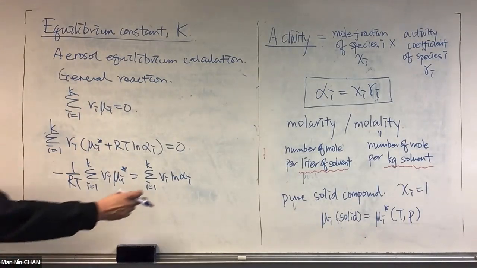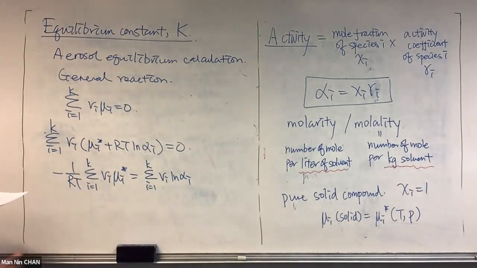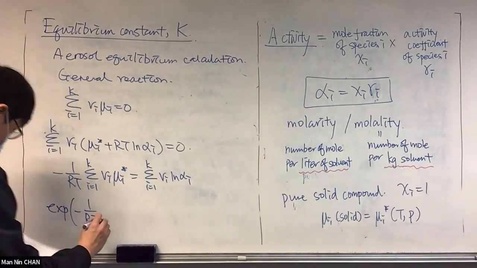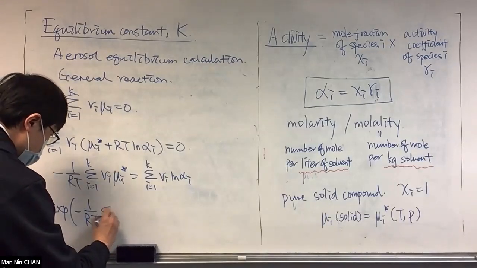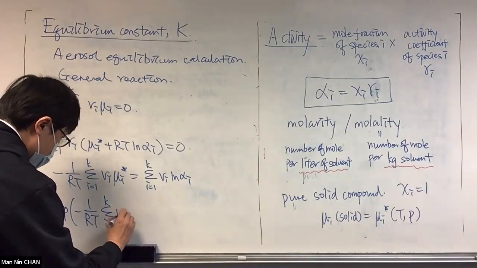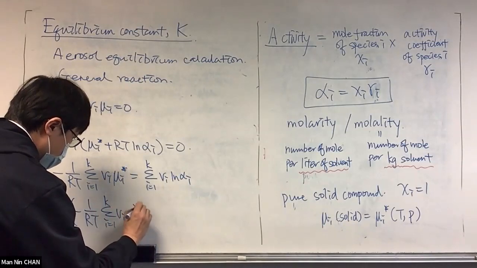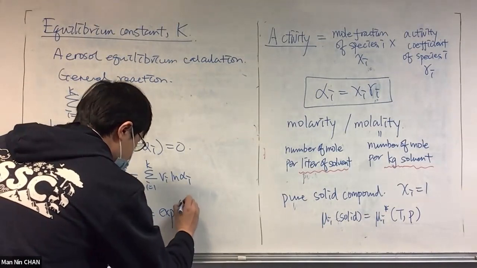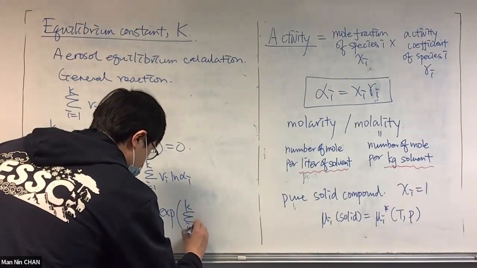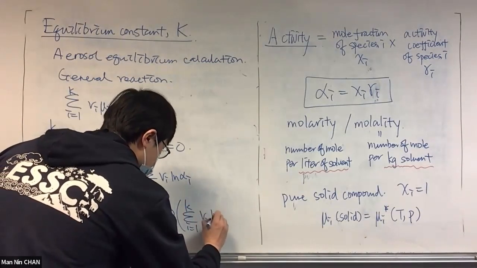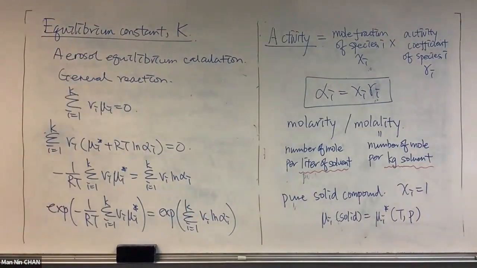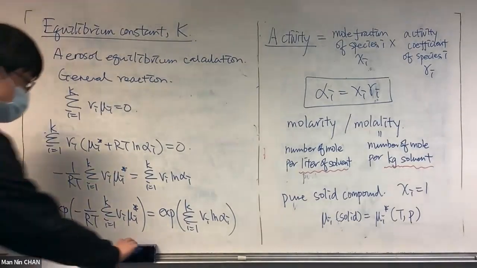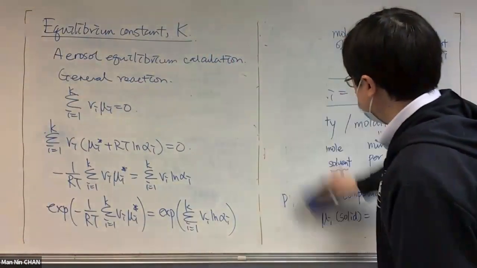And then, if I have the natural logs here, I just take the exponential on both sides. So what do we get?